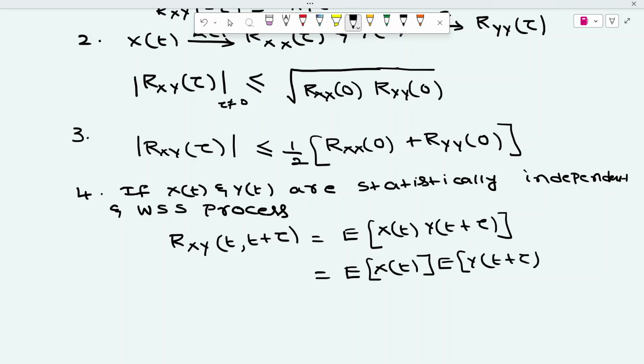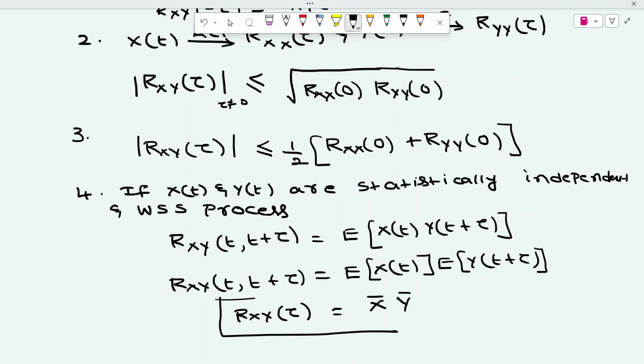And if they are wide sense stationary, then we can write rxy of tau as x bar, and this doesn't depend on the time instant, y bar. So if x of t and y of t are statistically independent and wide sense stationary processes, then rxy of tau we can write as the product of their individual means.